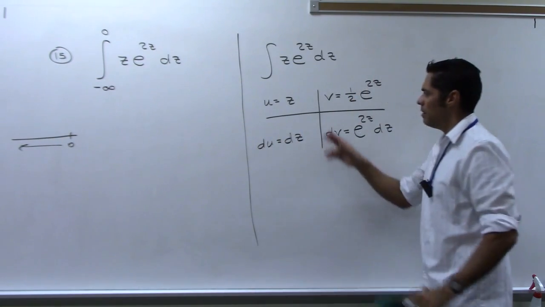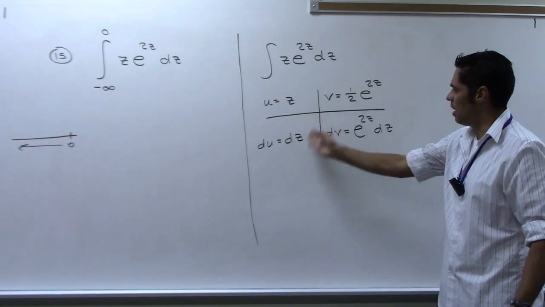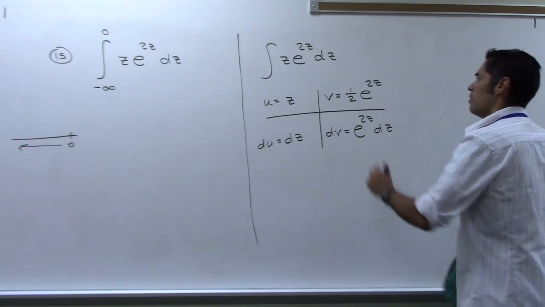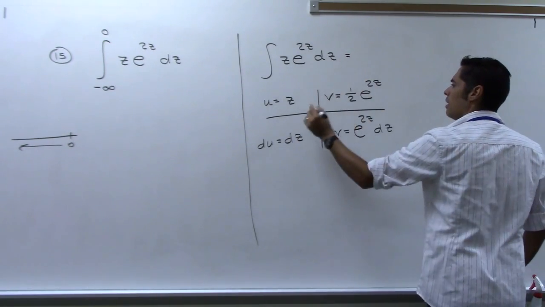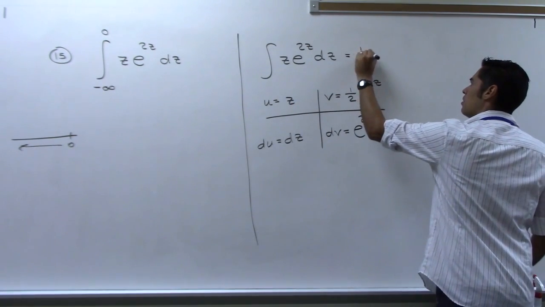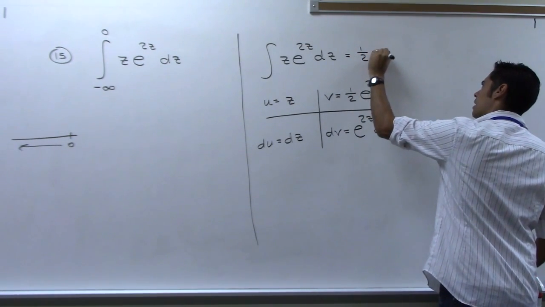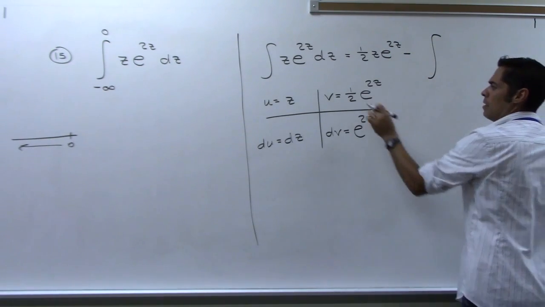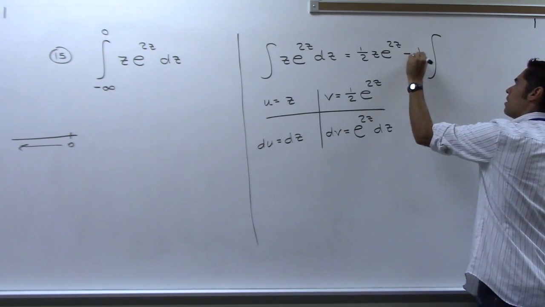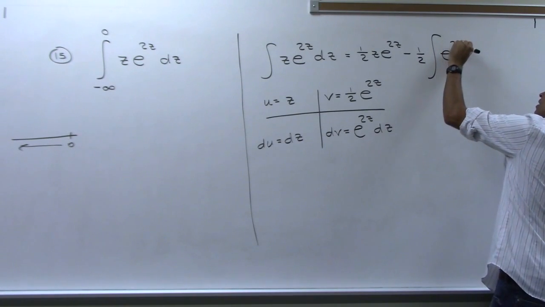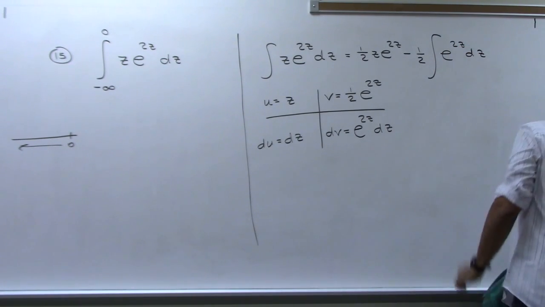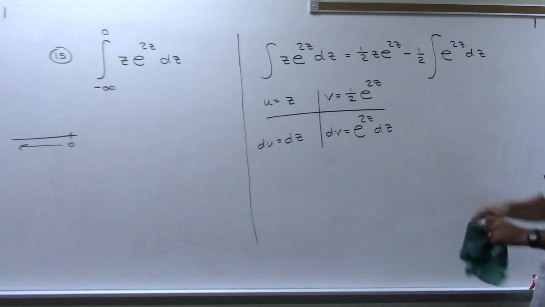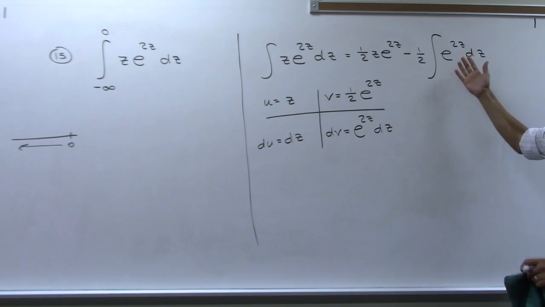And then the uv minus the integral of v du; the nice part is that when you put these two together, you don't have that z anymore. So this becomes uv, which is z times this, so 1/2 z e to the 2z, minus the integral of this times this, so 1/2 comes out, e to the 2z dz. To integrate this, you already did that, so it's this again with the 1/2 popping out.